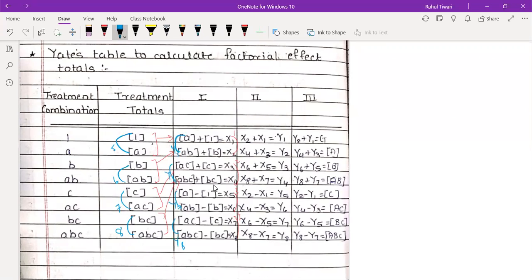This is the formula for y. And again perform the same task: this plus this first one, second one, third one, fourth one, this minus this, this minus this, this minus this, this minus this. You get the last. Once you understand the sequence, or technique, it is very simple. It is not going to be difficult.